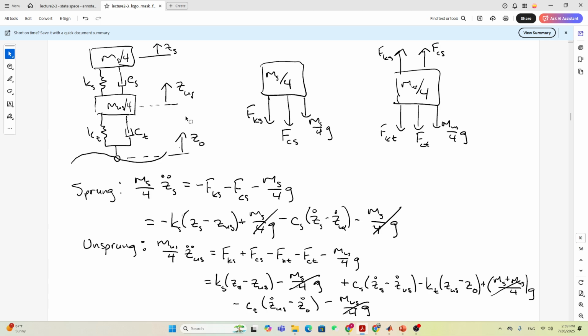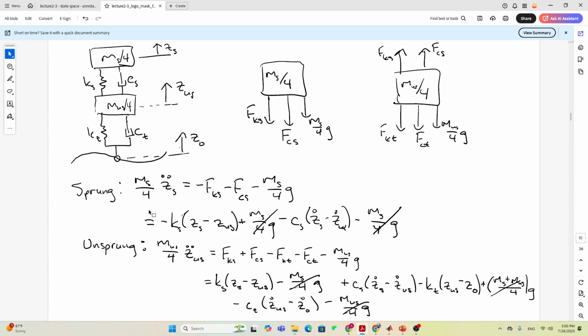Other than using Newton's second law, we also apply Newton's third law, the action-reaction force. So you have the action-reaction force from the sprung mass that is applied here, which has the same magnitude and opposite direction. Another one is coming from the bottom spring-damper system itself, KT and CT, right? So the free body diagram is simple and also straightforward.